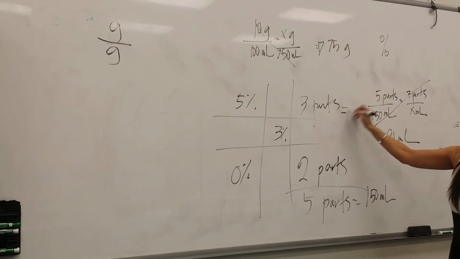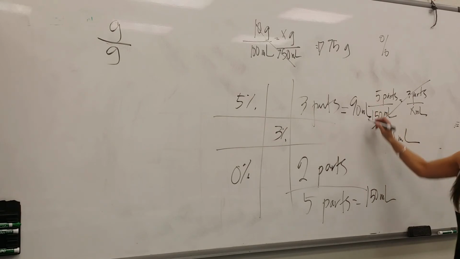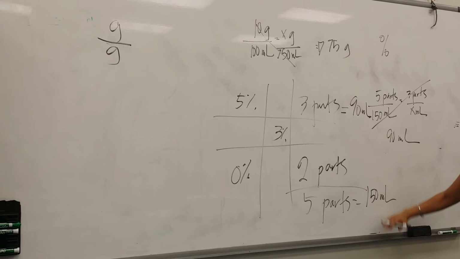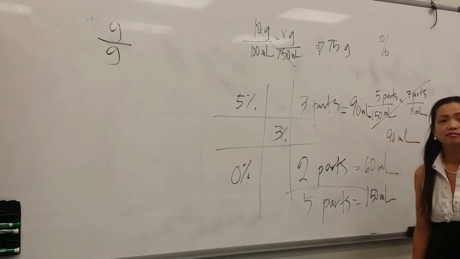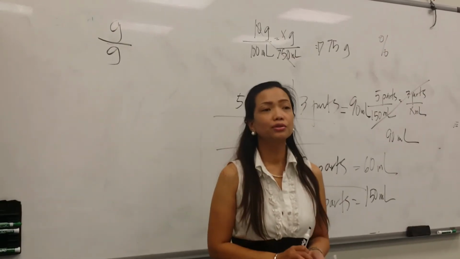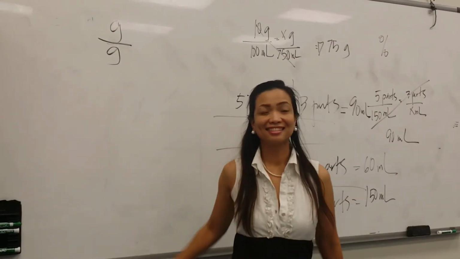So I know that this is 90 ml. You can compute for this as well, or you can simply do 150 minus 90 equals 60 ml. Clear? Who understood? I do now.